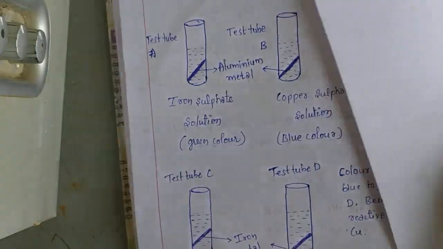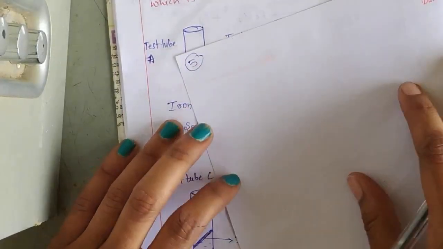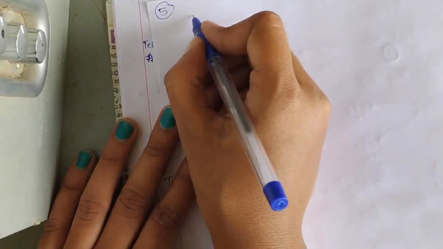Fifth one. Children, here 4 test tubes are taken.